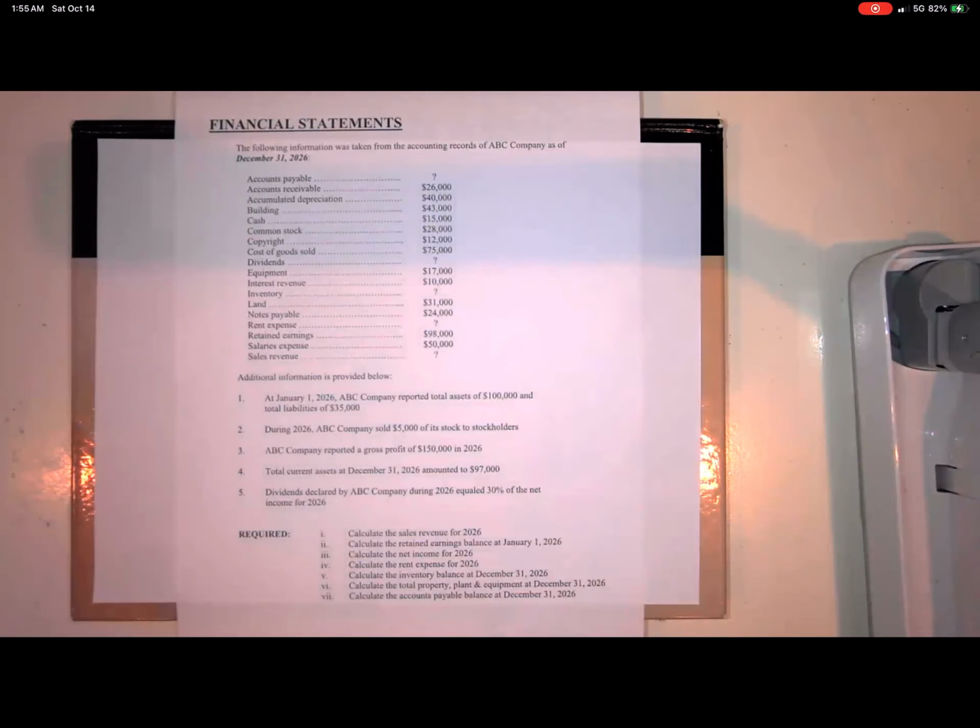Number 3, the gross profit for the year totaled $150,000. Number 4, at the end of the year, at December 31st, the total current assets were $97,000. And finally, number 5, the dividends declared by ABC Company during the year were equal to 30% of the net income for the year.